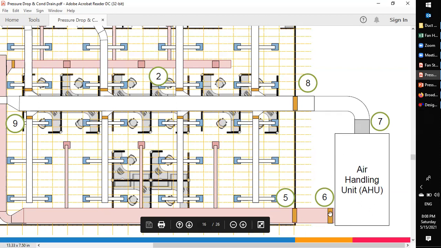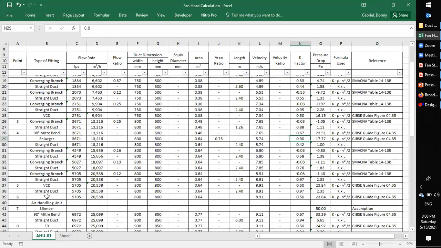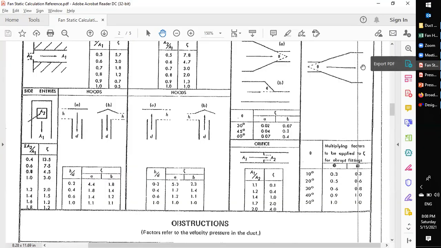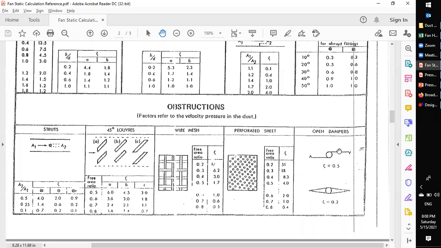So there you go. Sorry, I mixed it up. This is fire damper and this is volume control damper. So fire damper, volume control damper, and modulating damper, they're all dampers. Because they are similar, we all use the same K factor of 0.5.